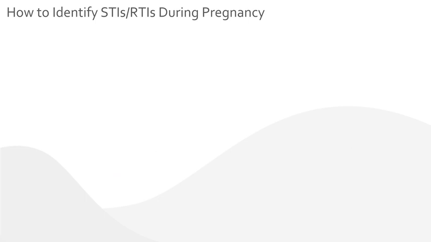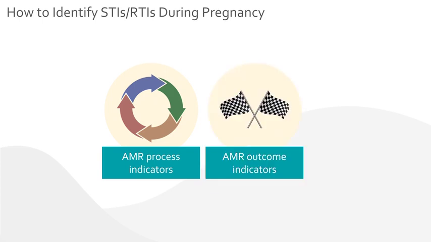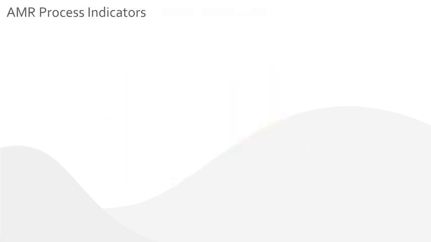There are 2 levels of monitoring related to AMR, measuring process, describing practice, and outcomes, AMR patterns and trends. They are AMR process indicators and AMR outcome indicators. AMR process indicators should be monitored to some extent at all healthcare facilities.